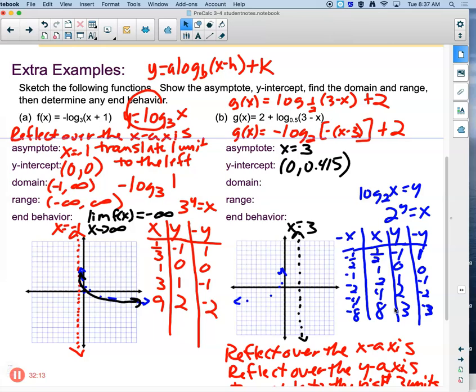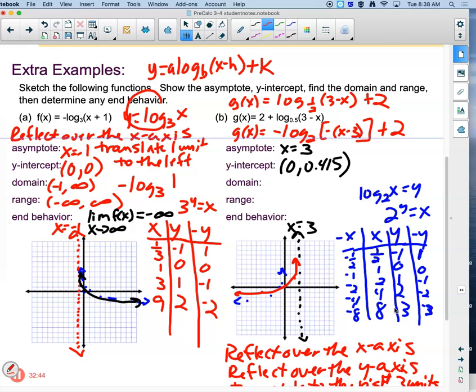So we need to move this 3 to the right and 2 up. So there's our new graph.